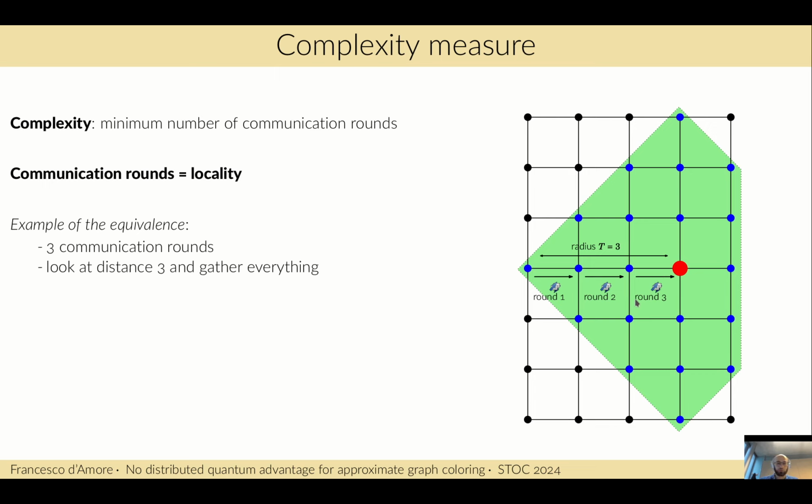So it is equivalent to perform 3 rounds of communication, or to look at all nodes at distance 3, gather all the information available and also the topology of the graph. This is completely equivalent, and so we can also talk about the complexity in terms of minimum locality required to solve a problem. Of course, an algorithm with locality equal to the diameter of the graph plus 1 solves every problem, because a node can just gather the whole graph locally and then solve the problem and output the solution.